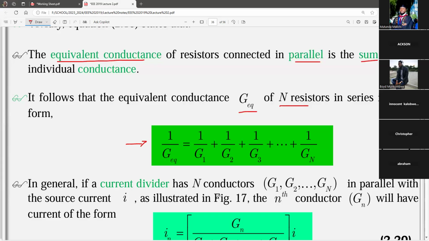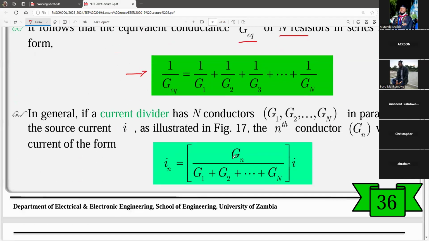Since we can get the equivalent conductance of resistors connected in parallel, if you are to get the current flowing in the nth resistor, whose conductance is given as Gn, when those resistors are connected in parallel, then the current In is the conductance of that resistor divided by the sum of those conductances, multiplied by the source current.